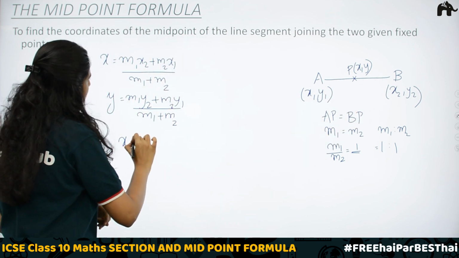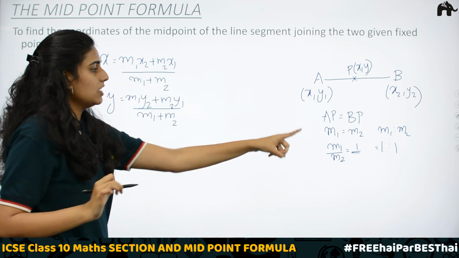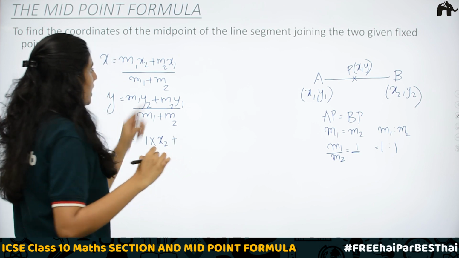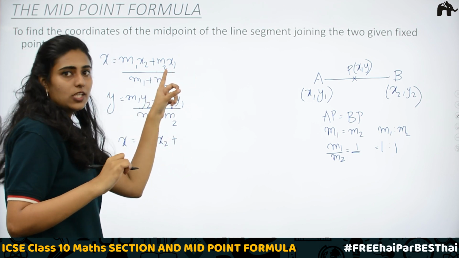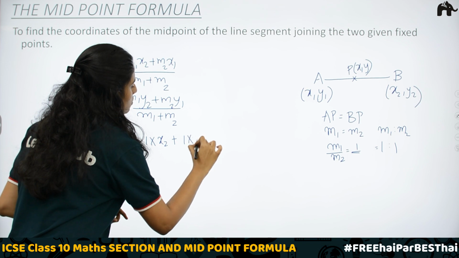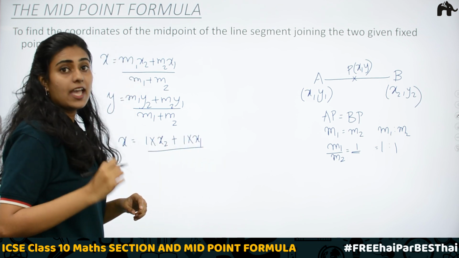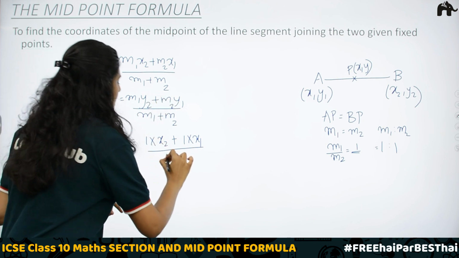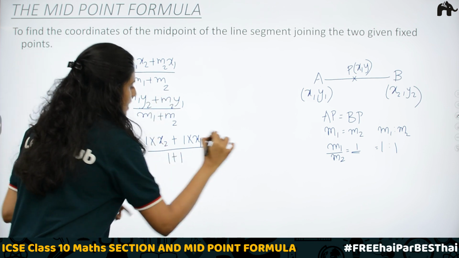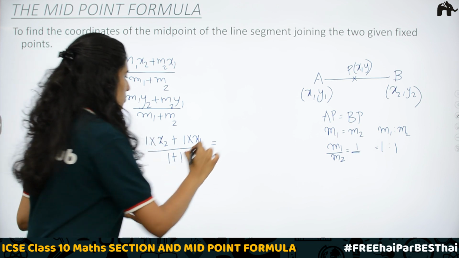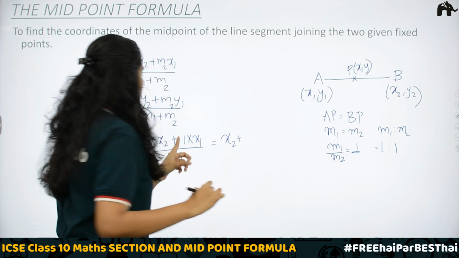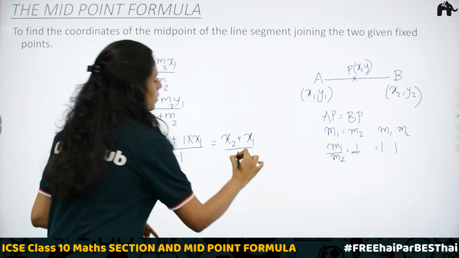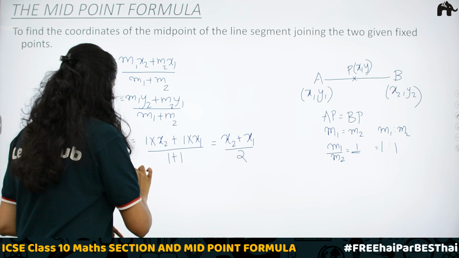Here x will be equal to m1 x2, m1 is equal to 1, 1 into x2 plus m2 x1, m2 is also equal to 1, 1 into x1 divided by m1 plus m2, m1 is 1 and m2 is also equal to 1, 1 plus 1. That is equal to 1 into x2 is x2 plus 1 into x1 is x1 divided by 1 plus 1, 2.